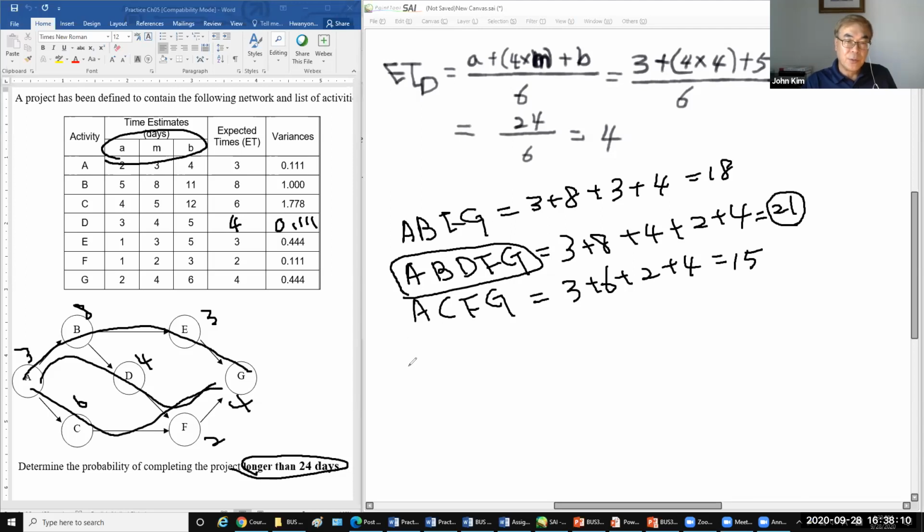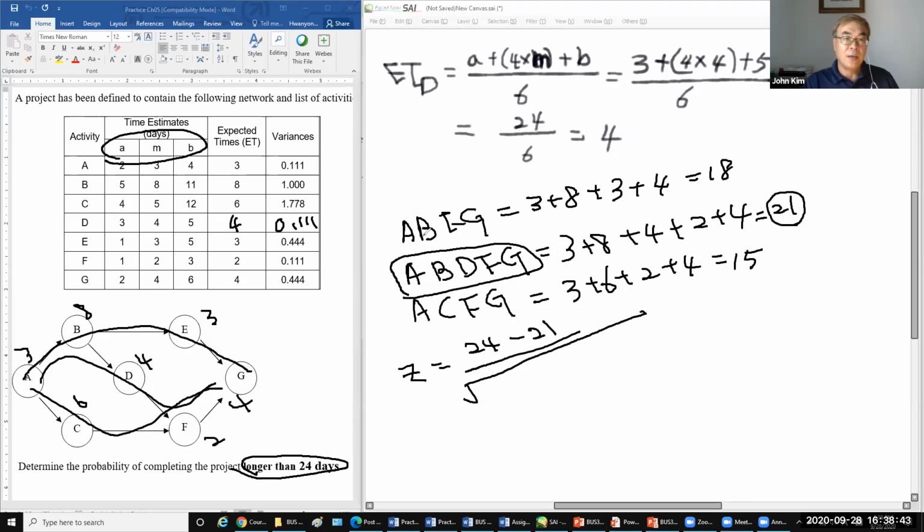So the Z score equals the desired completion time 24 minus the expected time 21, divided by the square root of the variances on the critical path.